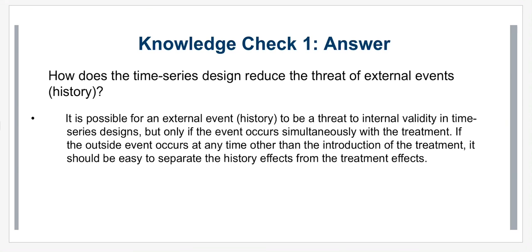If it occurs at any other time than when the treatment is administered, it should be fairly easy to separate those history effects from the treatment effects. So it's reducing those threats to internal validity, because you should be able to see those effects easily through those multiple observations before or after the treatment.